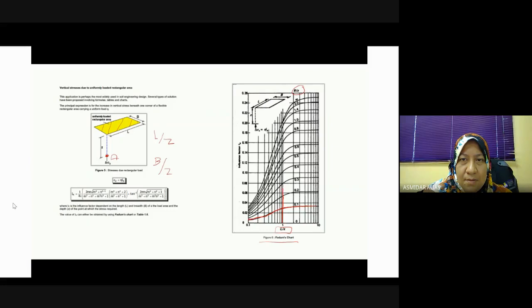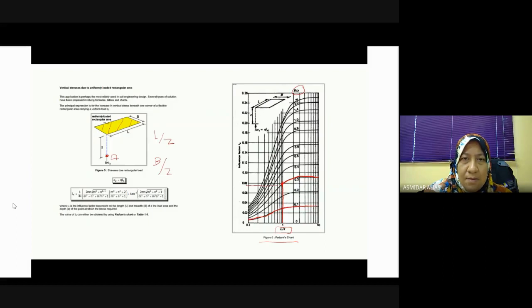You take this one, this will be the curve for 0.3. That will be the meeting point for that value, and then you will read the influence factor at the y-axis for Fadum chart. This is very straightforward, but the rule must be obeyed.